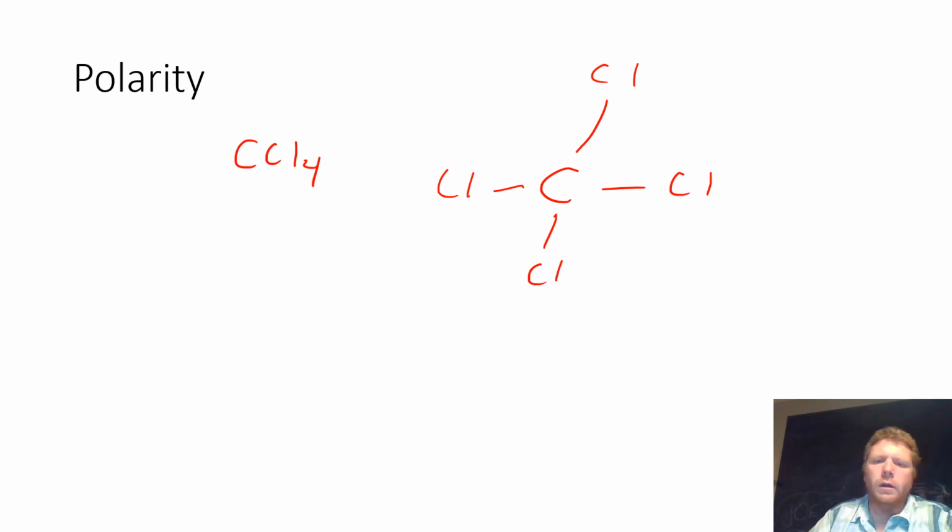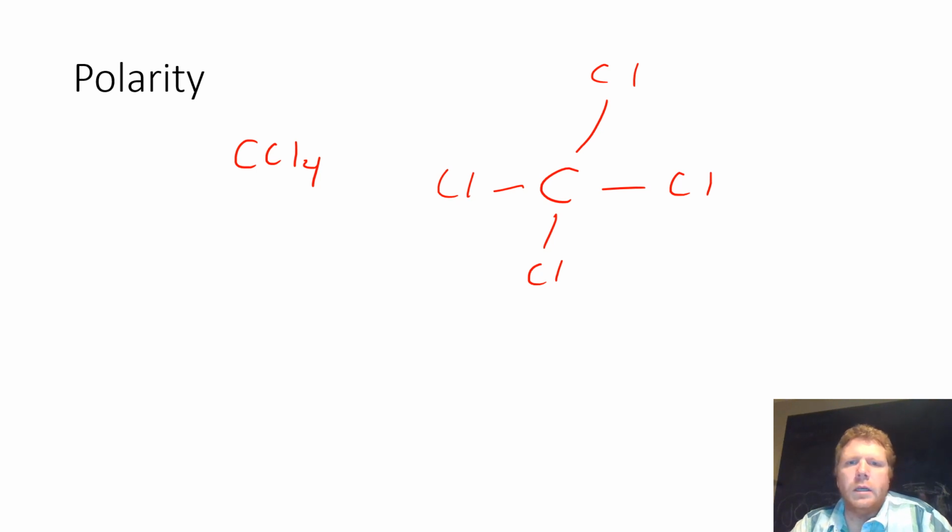Now, very important and very famous scientist Linus Pauling came up with the Pauling scale of electronegativity. What he looked at was how much every single element on the periodic table wants electrons within a bond.